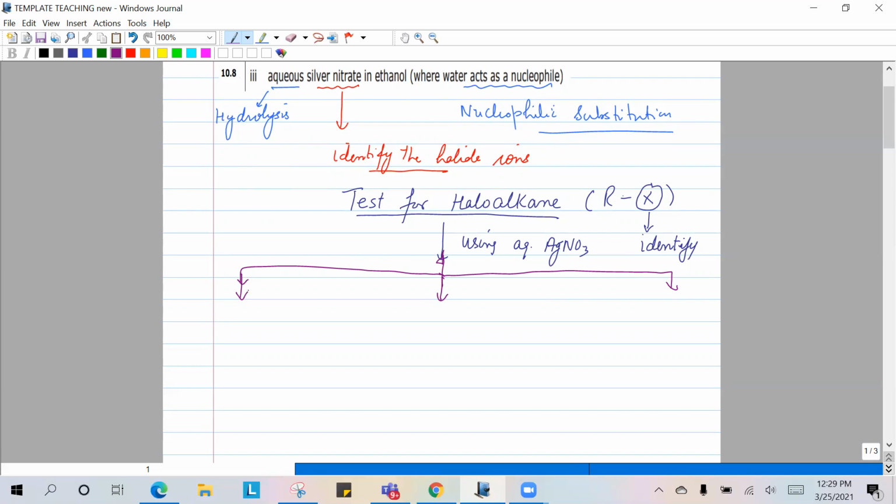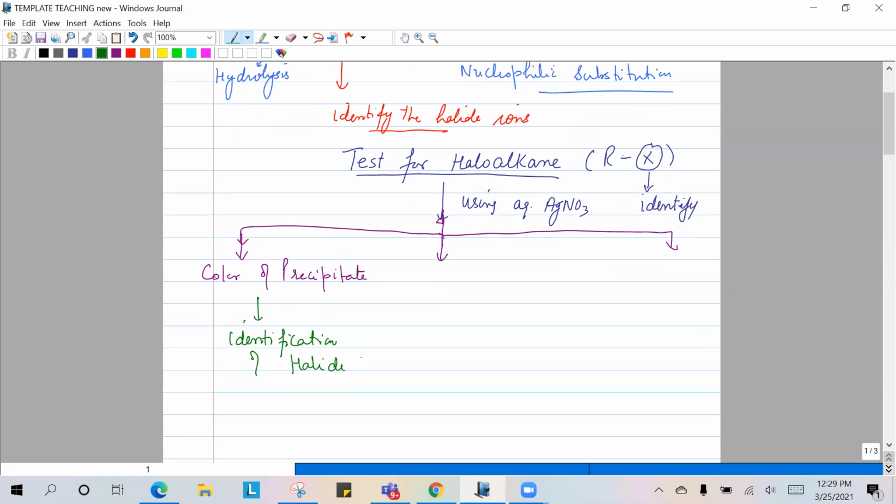For example, if you are recording the color of the precipitate, then this will help us in identification of the halide ion based on the color of the precipitate.